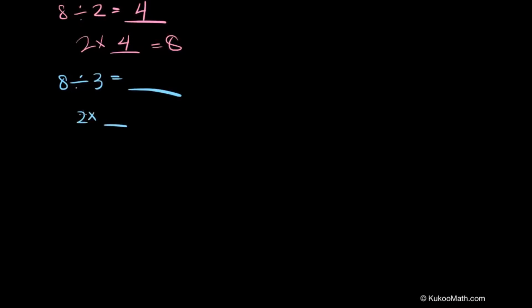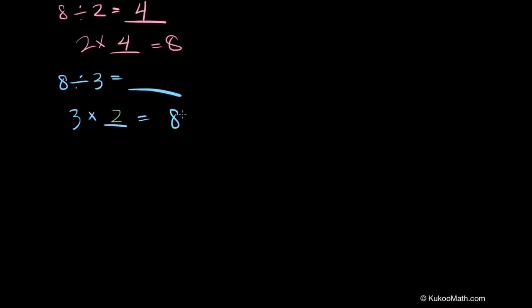The corresponding problem is 3 times a number is equal to 8. And this one doesn't work out perfectly. So now we're going to try to get as close to 8 as possible without going over it. The closest we can get is 3 times 2.